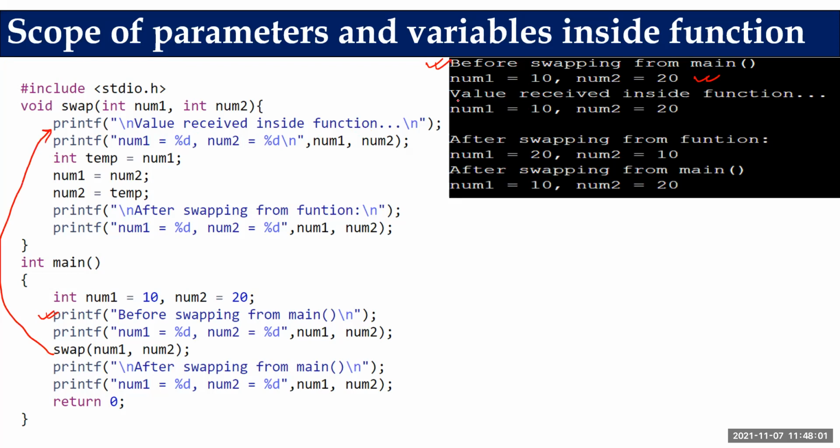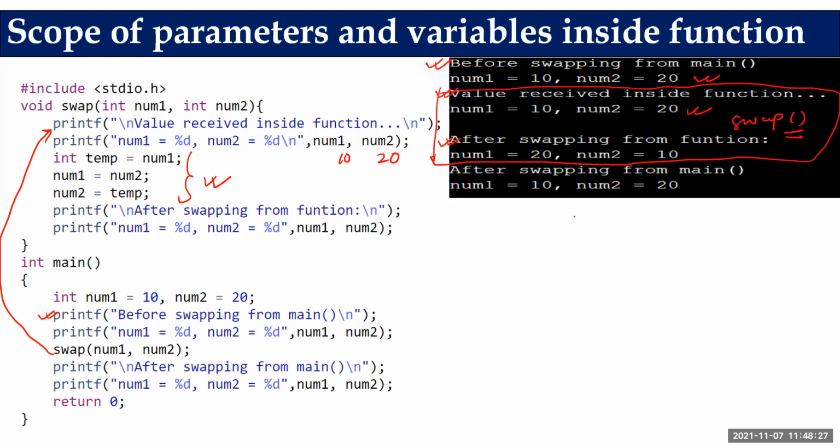Value received inside function: here you can see 10 and 20. Fine. These three lines get executed. Now after swapping from the function, it prints 20 and 10. So these two lines of output belong to the function. This is from the swap function.